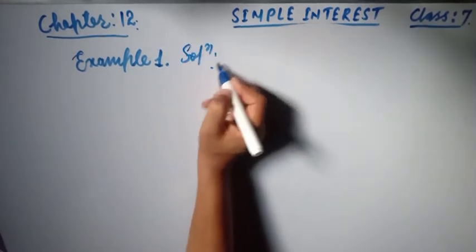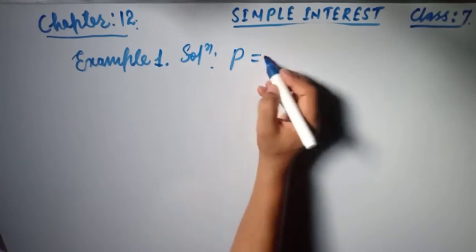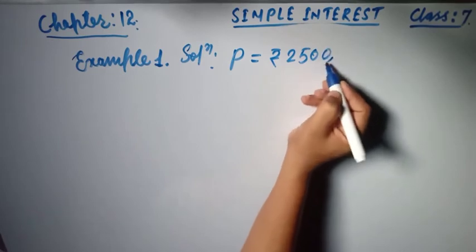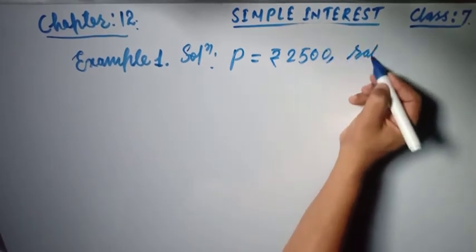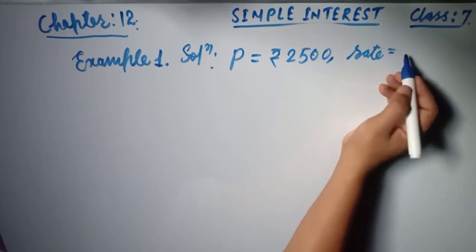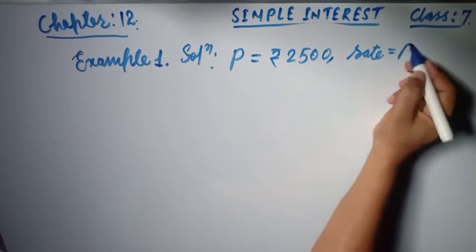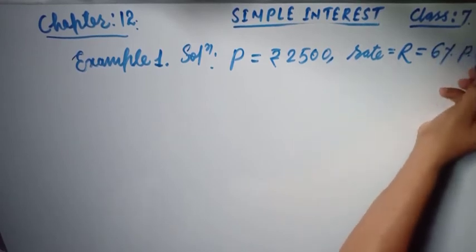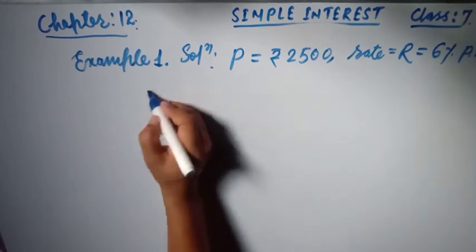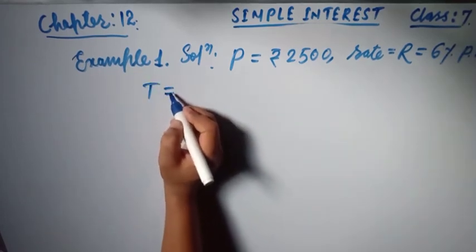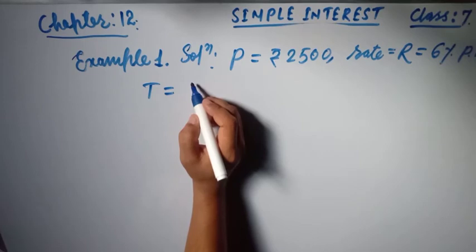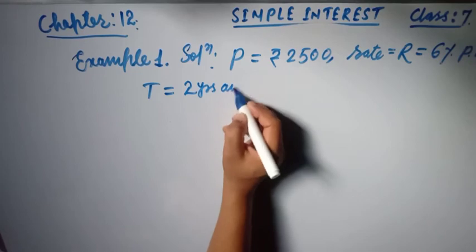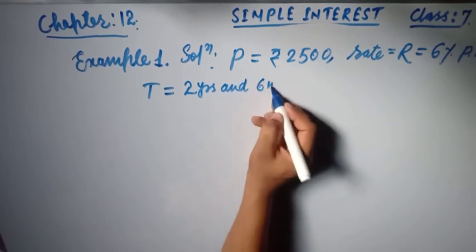Now the givens, friends. P is equal to, P for principal, rupees 2500. Rate, R is equal to 6% PA, means per annum. And time is given as 2 years and 6 months.